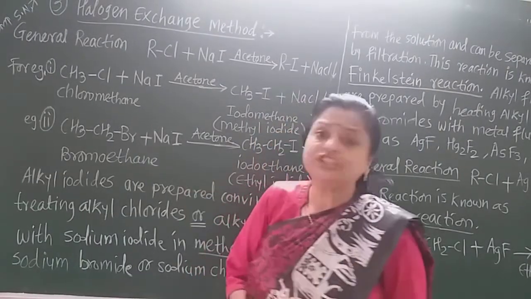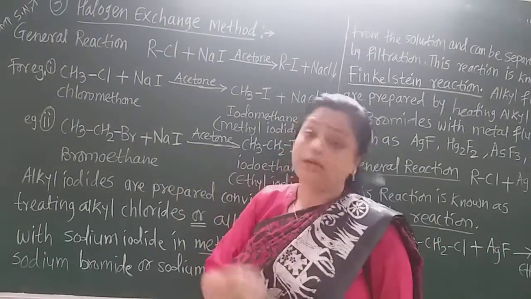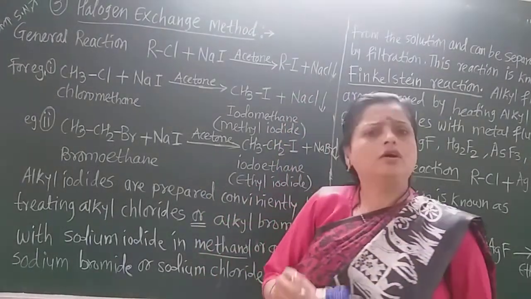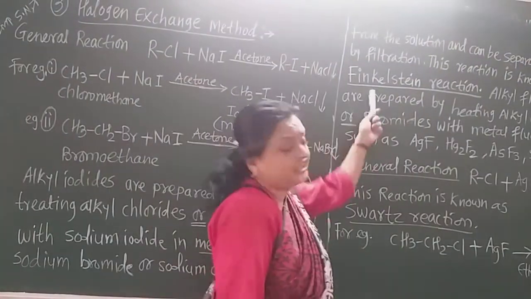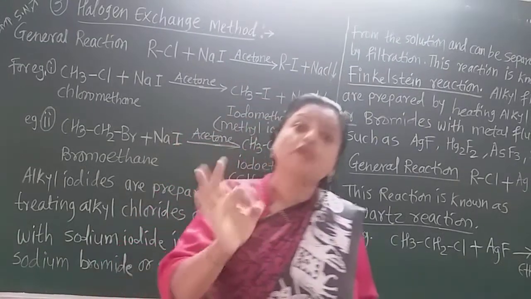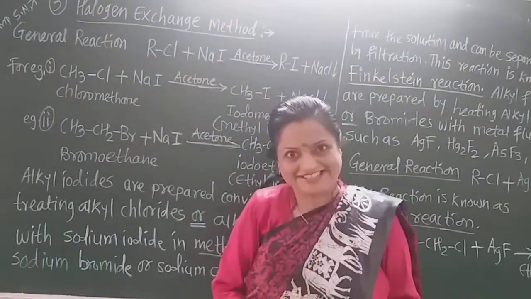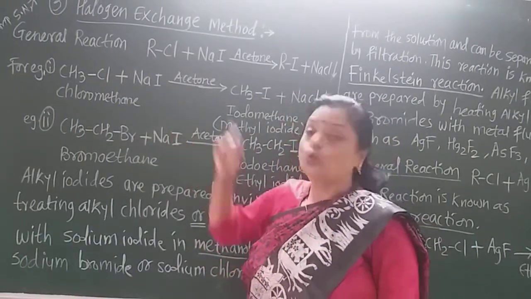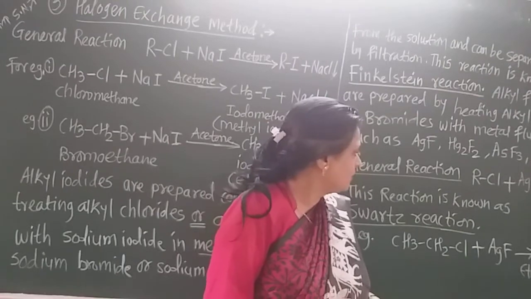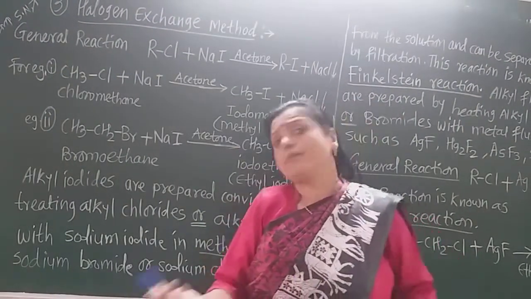Now let us learn this third method. There are two important short notes in this method. The first, they directly ask you to write the short note on Finkelstein reaction. Then you must know that in Finkelstein reaction there is exchange of halogen, and in that we use sodium iodide, as well as another such as potassium iodide also used.